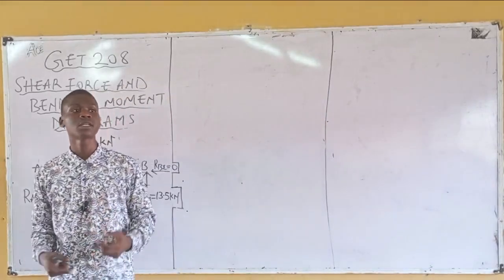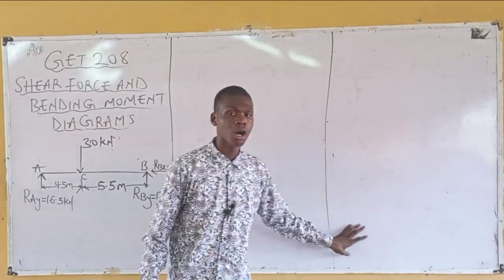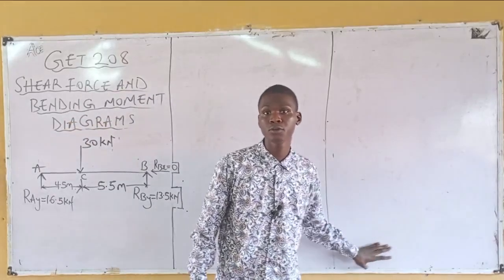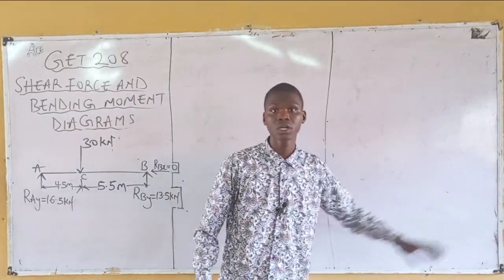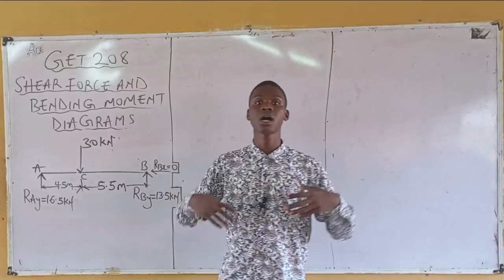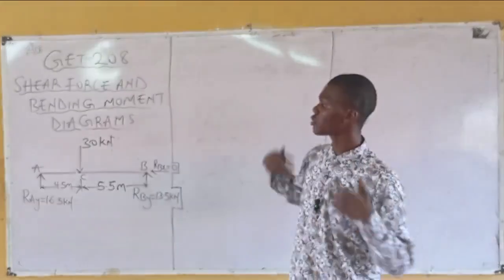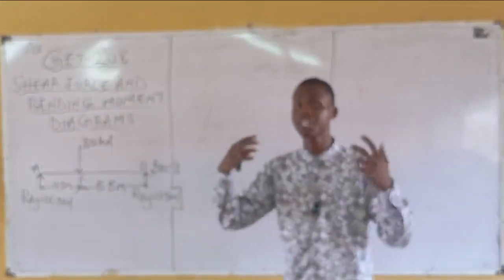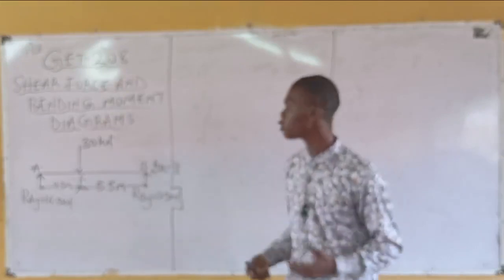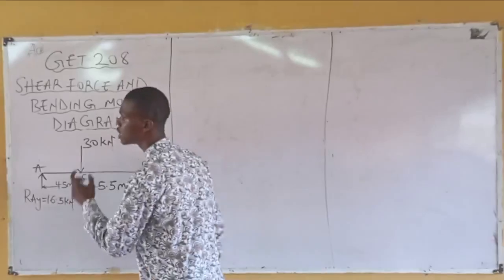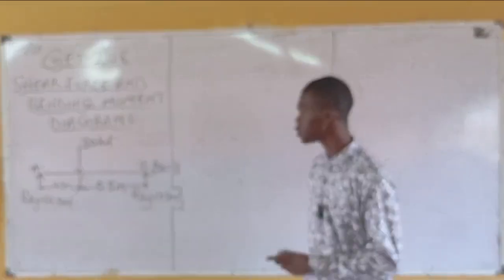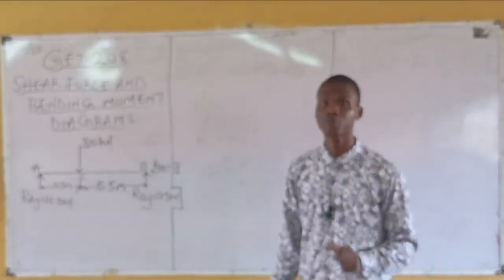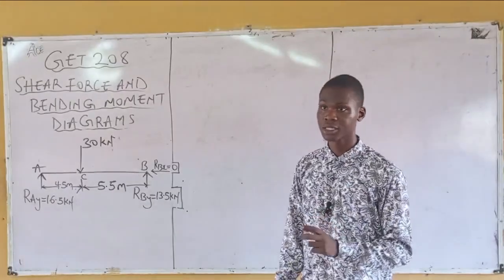So up to that level whereby you've calculated or written the value for your support reaction, your next step is to draw another beam, the particular given beam. In drawing that beam, you want to substitute the values that you've calculated for the support reactions.